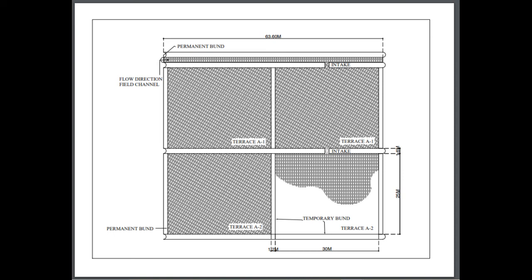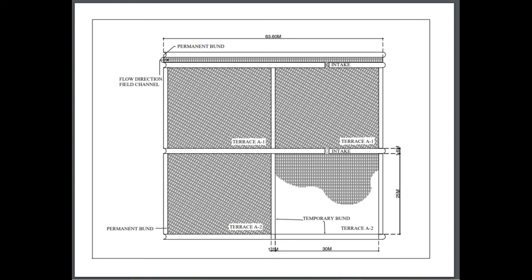The temporary bands are normally 60 to 120 centimeters wide at the base and have a height of 15 to 30 centimeters above the original ground surface.